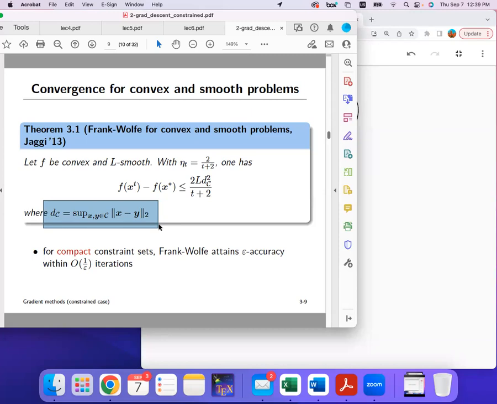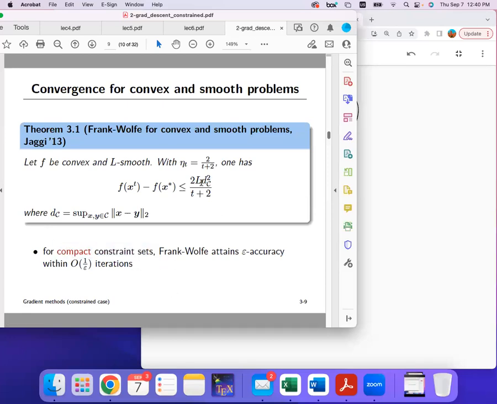Of course, in this result we can only deal with constraint sets with bounded diameter. Therefore, this result applies to closed and bounded convex constraints. We call those compact constraint sets.